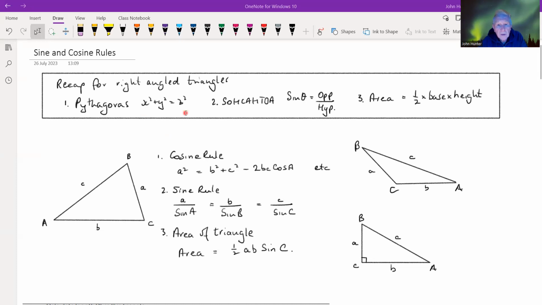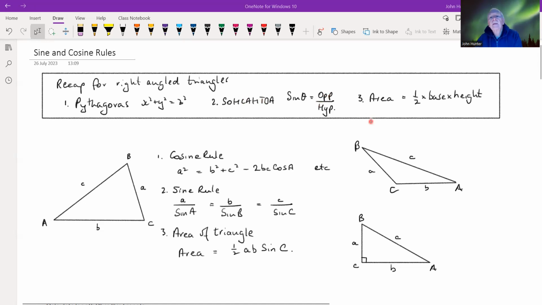First of all, there's Pythagoras, which is the sum of the squares equals the square of the hypotenuse. Hope that rings a bell. We've got SOHCAHTOA, which is a little mnemonic for the trigonometrical ratios that we will use. So SOH gives us the sine of an angle is equal to the length opposite divided by the length of the hypotenuse, and then we've got the same for cosine and tangent.